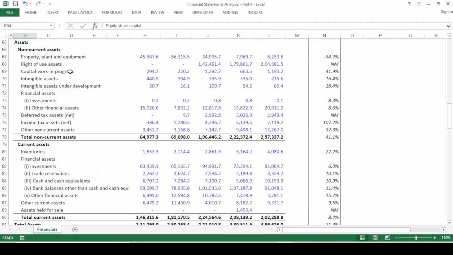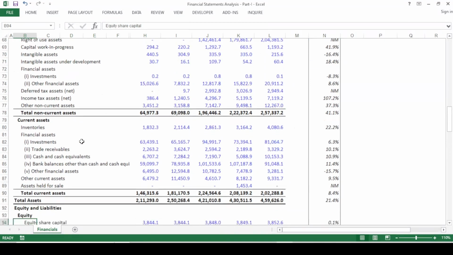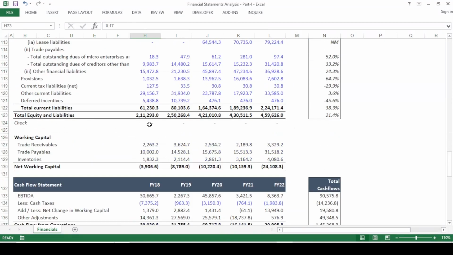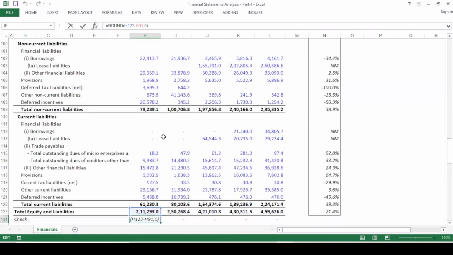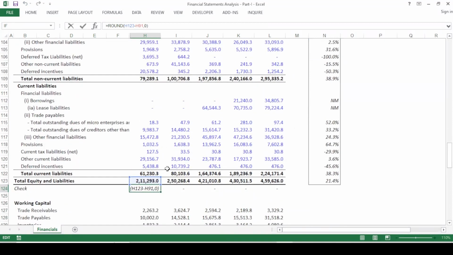So this is how we define the balance sheet, and the balance sheet needs to be balanced. So I have also put a check here, which is nothing but rounding the difference between the assets and the liabilities to zero decimals, and this is giving me a zero for all the periods.